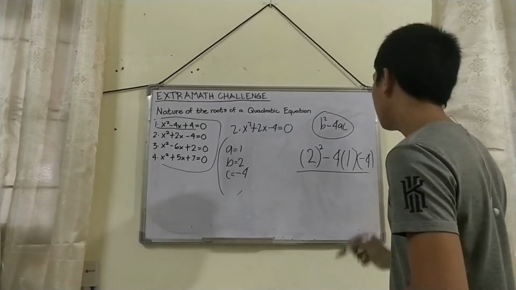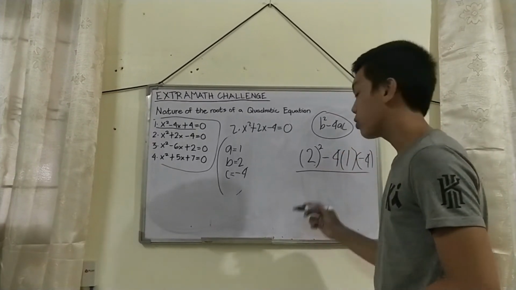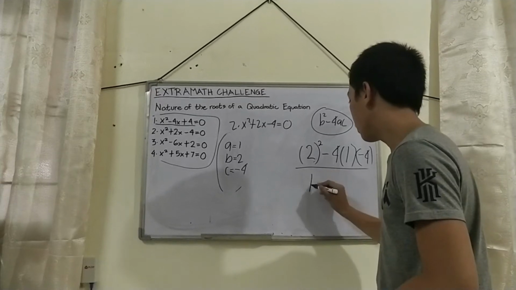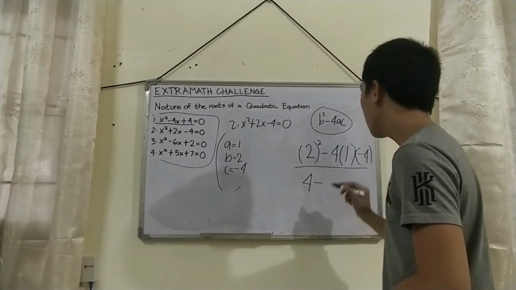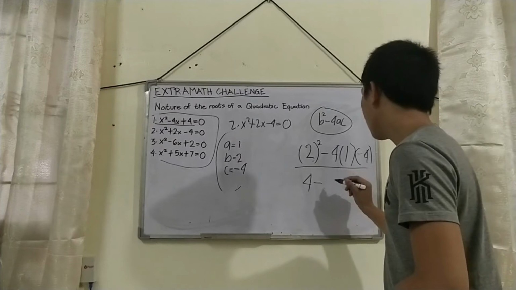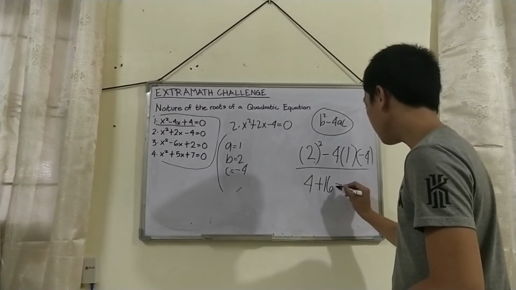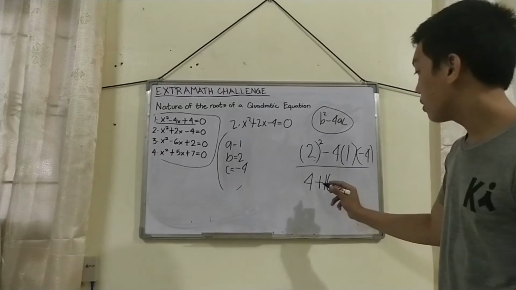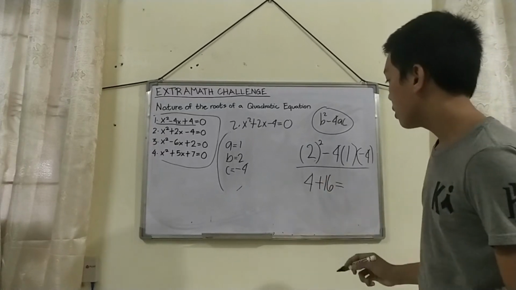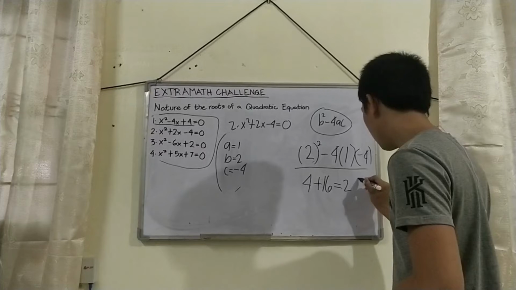Now let's solve this expression. 2 times 2, or 2 squared, is equal to 4, minus 4 times 1 times negative 4 is equal to positive 16. Now let's add these two numbers. 4 plus 16 is equal to 20.